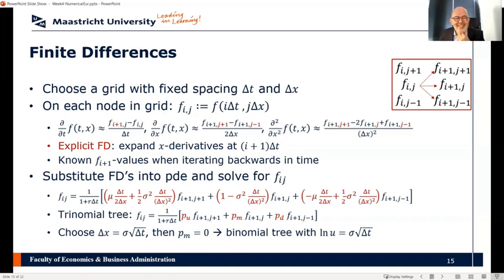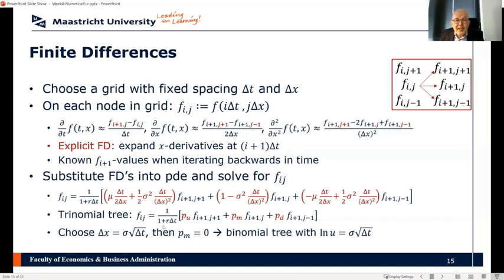This sounds familiar, hopefully, coming from the binomial tree. And if I choose my spacing delta t and delta x in such a way that all these three numbers are positive, I can interpret these three numbers, which as a shorthand notation I call PU, PM, and PD, as probabilities, because they are three positive numbers that add to 1.